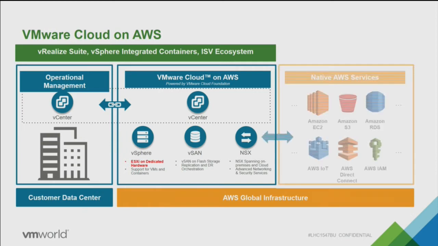Now we're sitting on the AWS global infrastructure, so we can take advantage of the broad set of services and do really interesting integrations. So what we've done here is we've set a unique interconnection between the VMware Cloud on AWS SDDC, which sits on a VPC inside of AWS in an account that we create and own and operate on the customer's behalf, and the customer's AWS account.